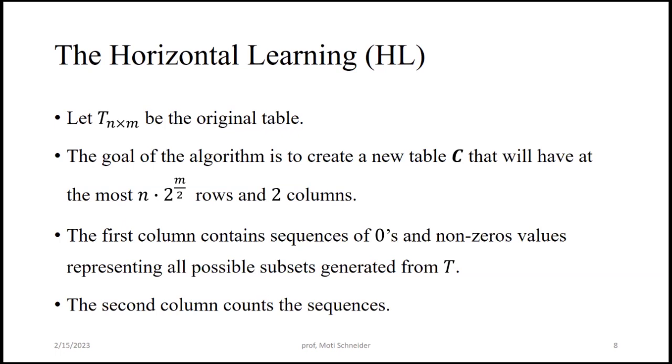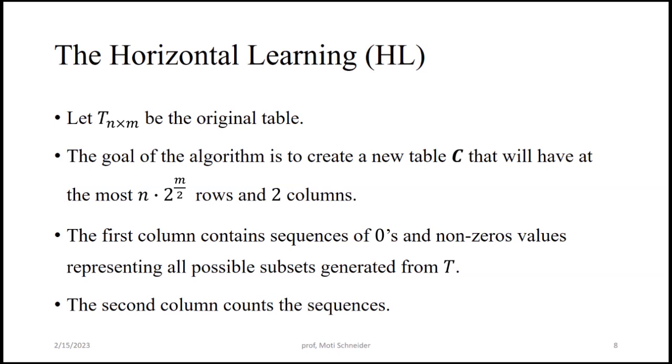Basically, I want to take the original table, which I call T, and convert it into a new table, which I call C, and that new table will be much smaller. It will have only 2 columns. The first column will have the combination or arrangement of the zeros and ones in the original database, and the second column will count the number of times this arrangement occurs in the database, okay?